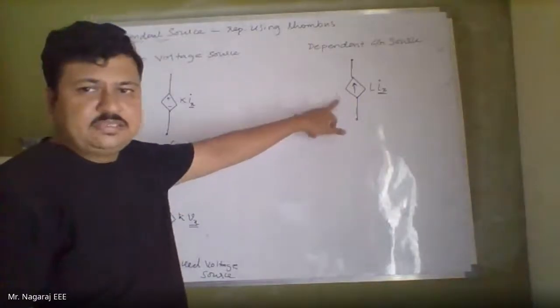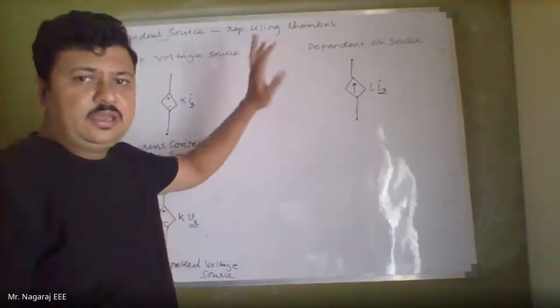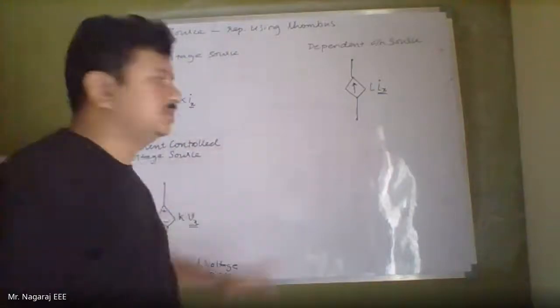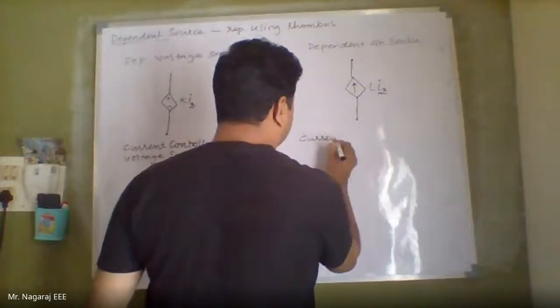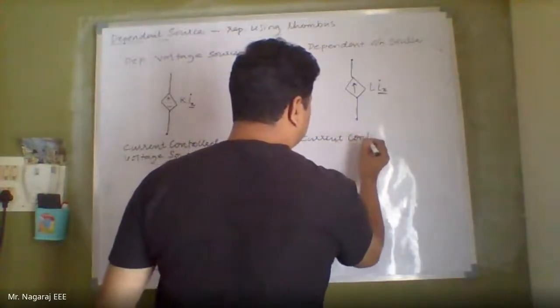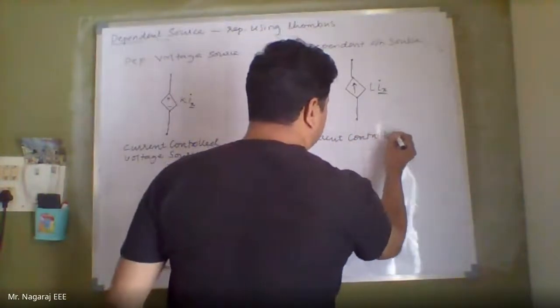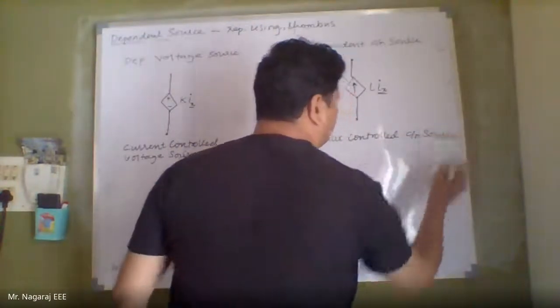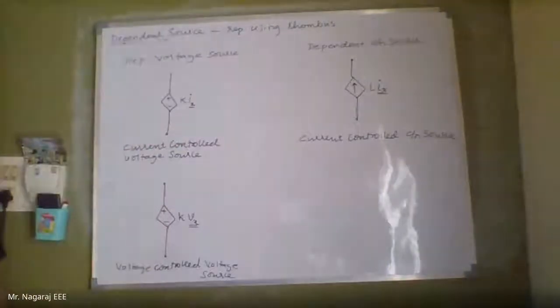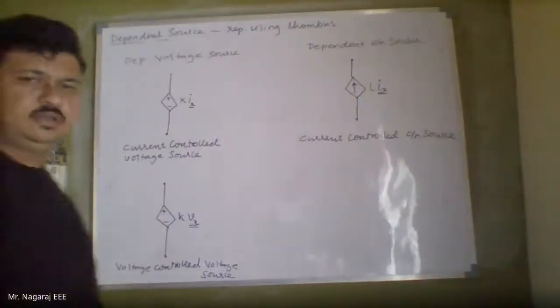Therefore, this will be a current controlled current source. Current controlled current source. Okay.